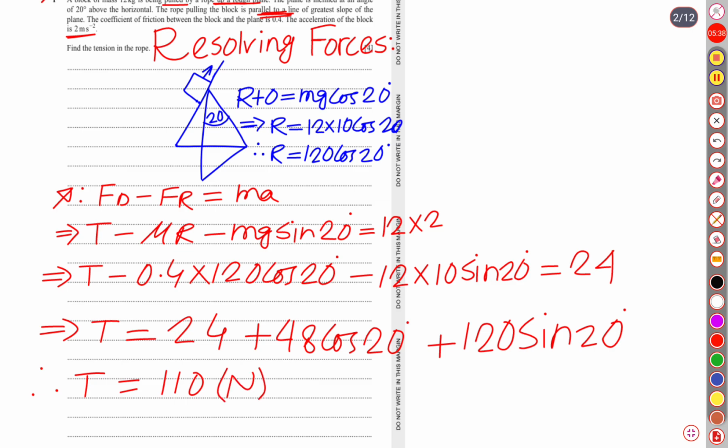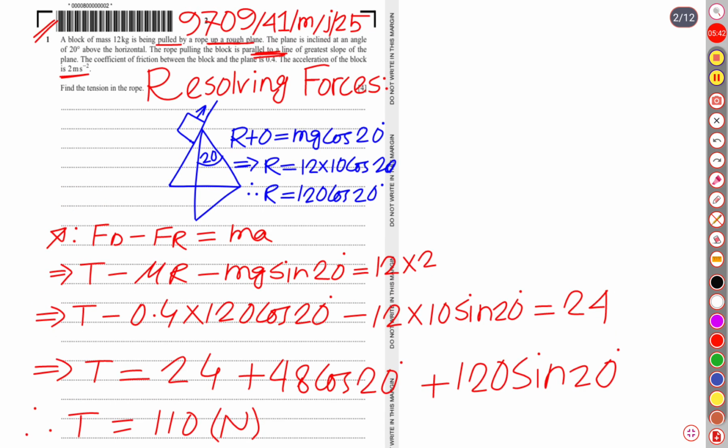So that is our answer to the final part of the solution. They have told us to find the tension in the rope, which is 110 Newtons.